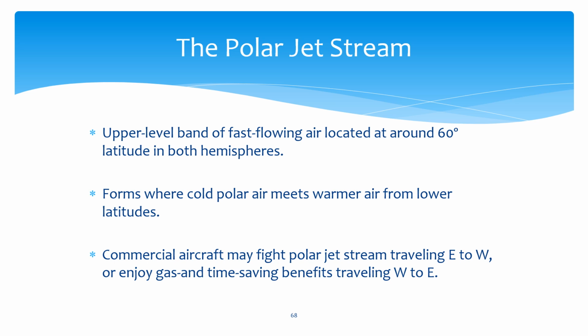The polar jet streams form where that cold polar air meets up with much warmer air coming from lower latitudes. That causes a big temperature difference, not surprisingly a big pressure difference, which makes that air go extremely fast. The polar jet stream is used a lot by pilots, and it can be both a boon and a curse for commercial aircraft.